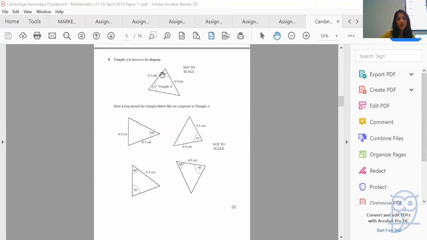Draw a ring around the diagrams below that are congruent to triangle A. So you are looking at the diagram with me, and it wants you to draw a ring around the triangles below that are congruent to triangle A. I'm going to give you a few seconds to have a look at the pictures, and then you tell me which triangles are congruent to triangle A.